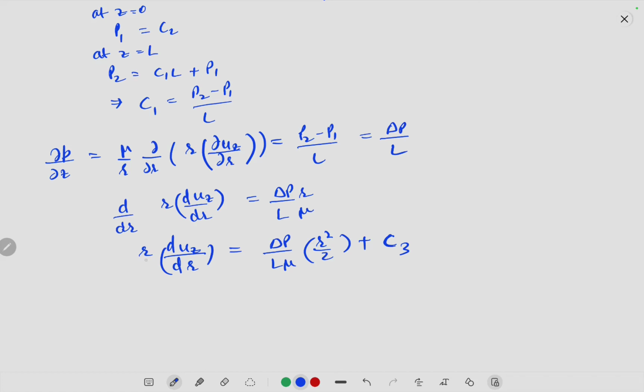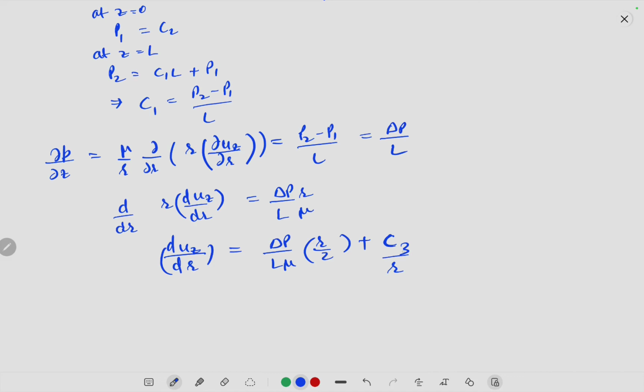Now let's take this r to the right side, so I'll get 1 by r times C3. Now r equal to 0 will blow up this term, and since this r gets cancelled with this r, the other term will not blow up. So the only term that will blow up at r equal to 0 will be this, and at r equal to 0, obviously duz by dr cannot be infinity.